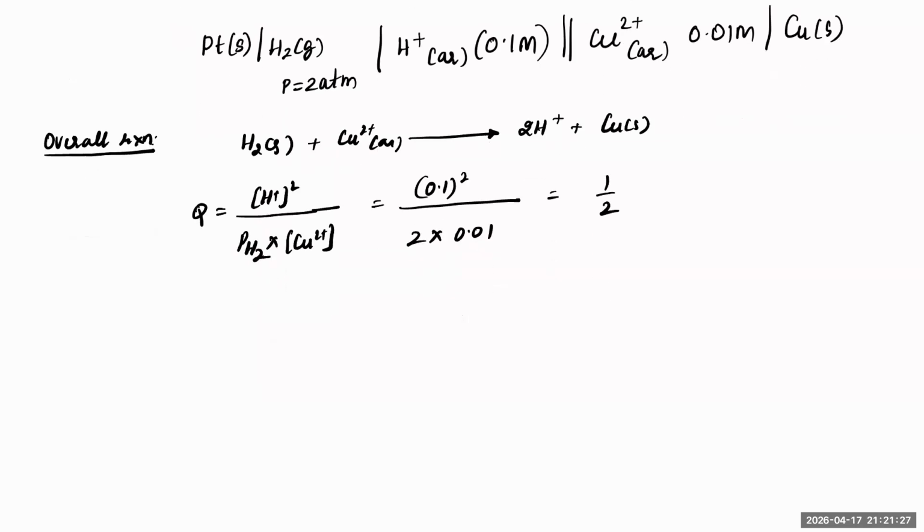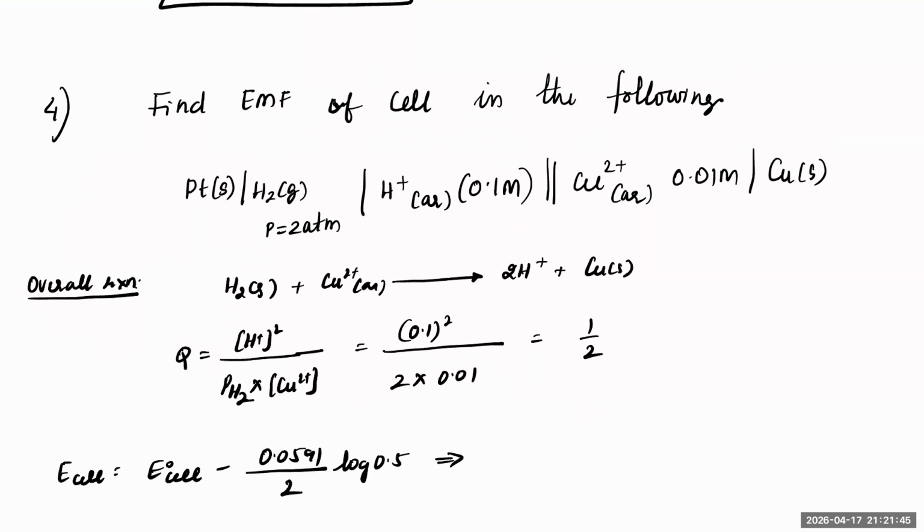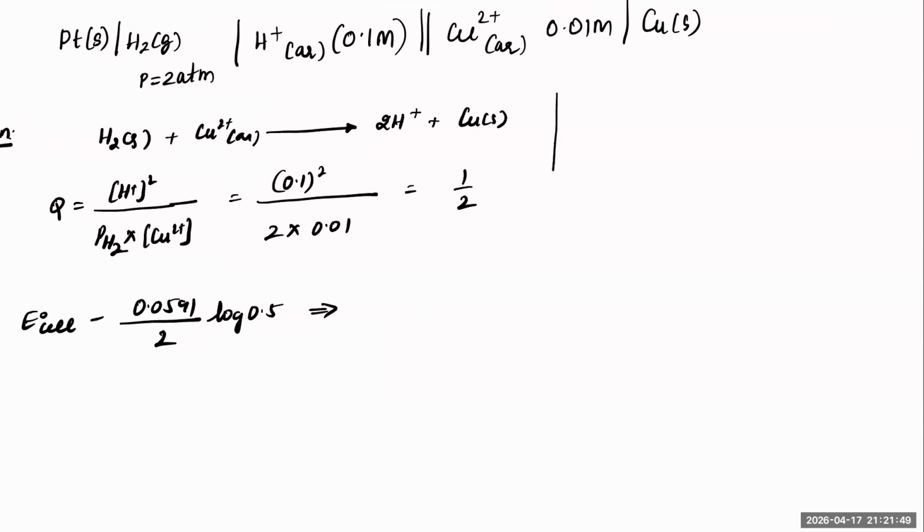Next, writing the E cell here, that is equal to E naught cell minus 0.0591 by N, which in this case is 2, log of 0.5. Now we need to know the E naught values.